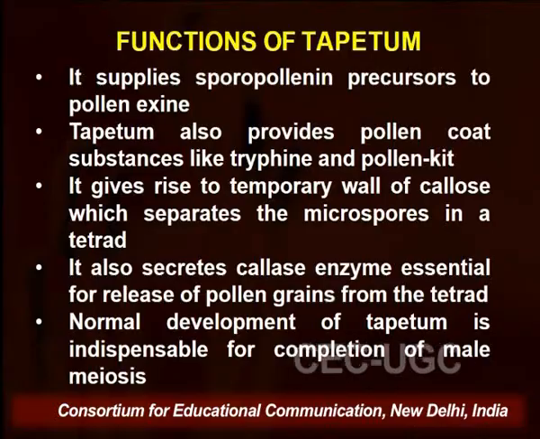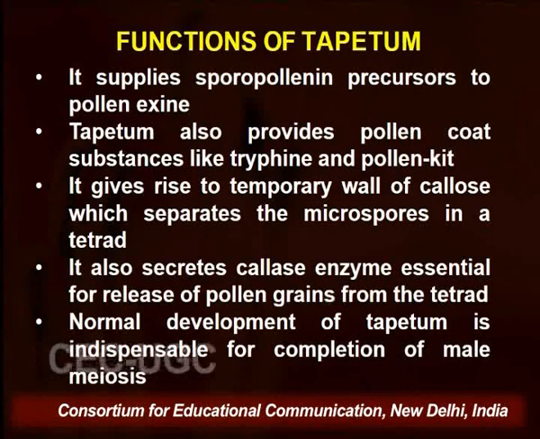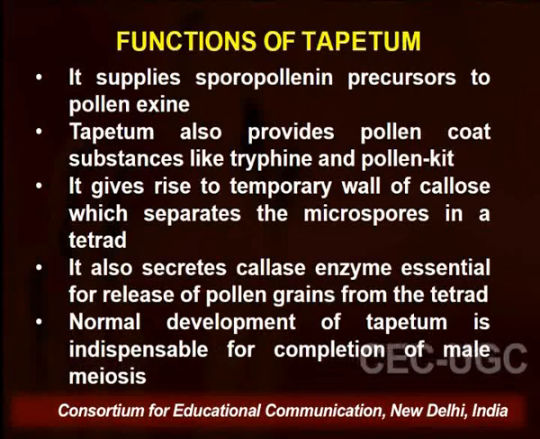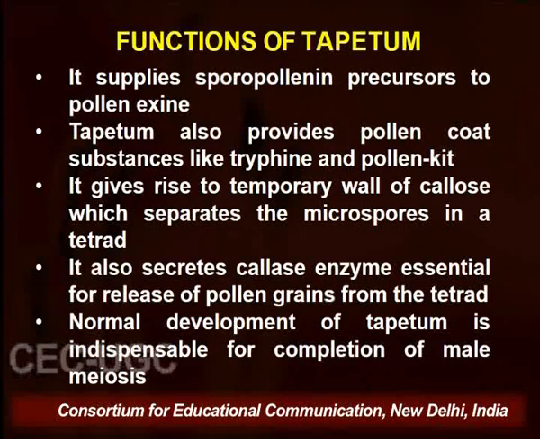Like we just discussed, tapetum produces the Ubisch bodies, and these Ubisch bodies are coated with sporopollenin, and this sporopollenin is a precursor to the pollen exine. So, tapetum is involved in the growth and development of the pollen wall or the pollen exine. It provides pollen coat substances like the pollen kit and the tryphine.